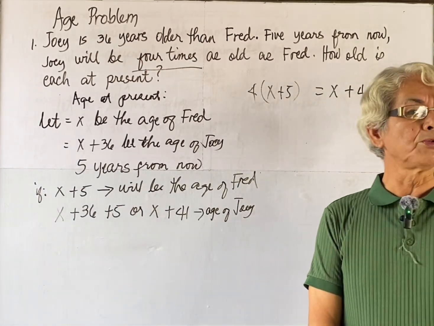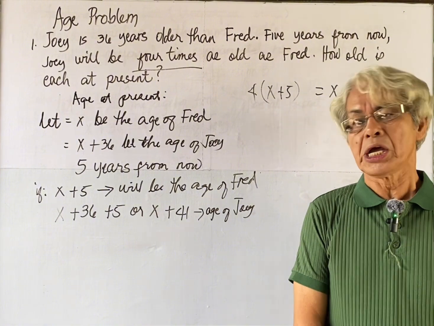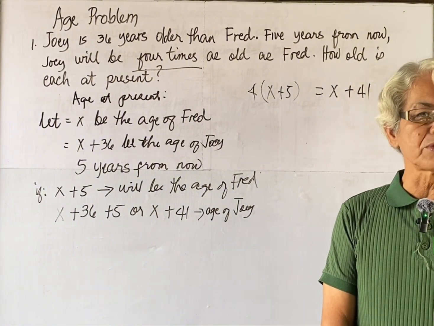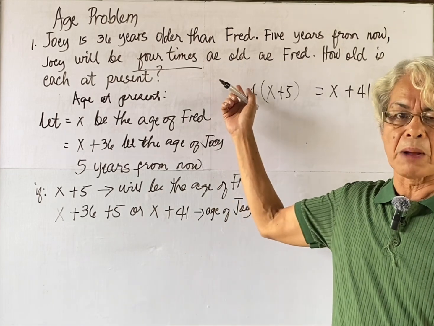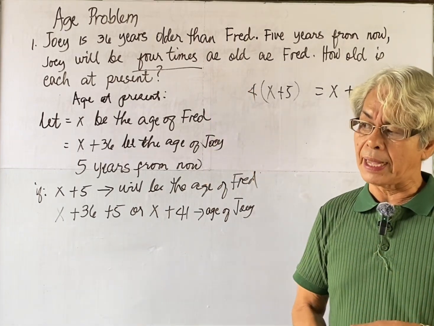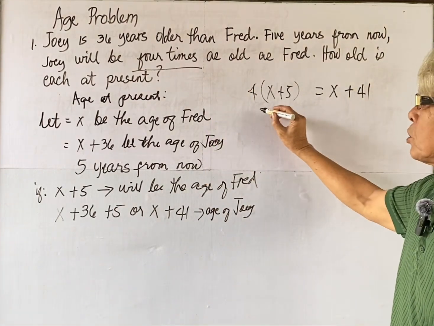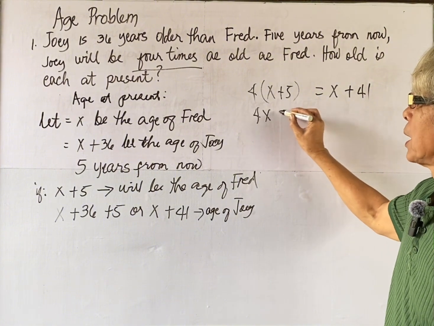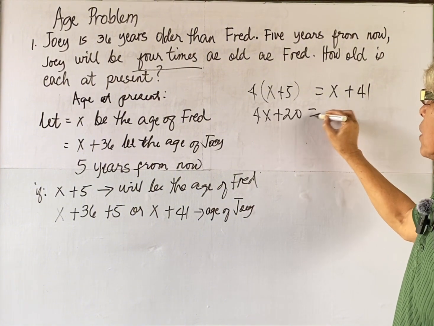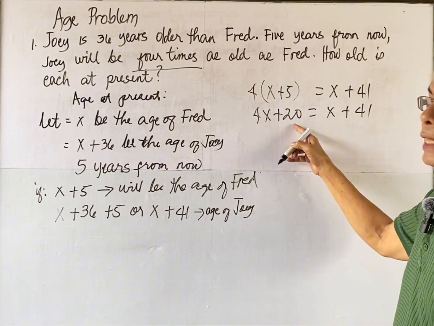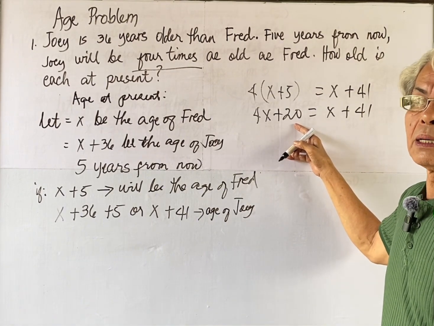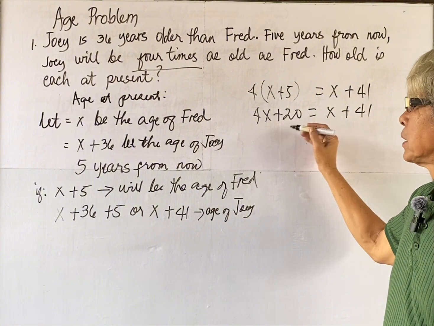Once you have the equation, you can solve the ages of the two persons in the problem. So let us simplify the equation. That will be 4x plus 20 equals x plus 41. Let us eliminate positive 20.